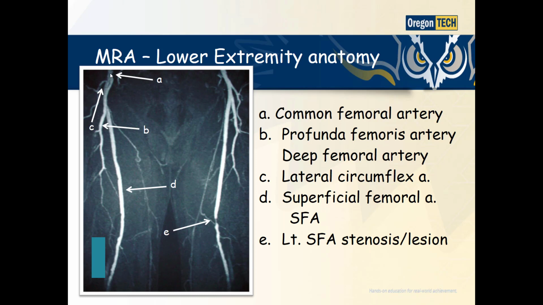It will then bifurcate into the deep femoral artery, or the profunda femoris, and we're going to have the lateral circumflex artery coming off here. At this bifurcation from common femoral artery to the deep femoral, you're also going to have the superficial femoral artery that comes down.